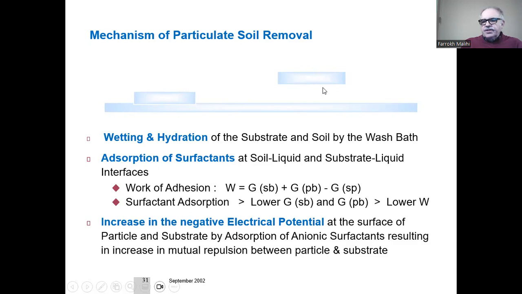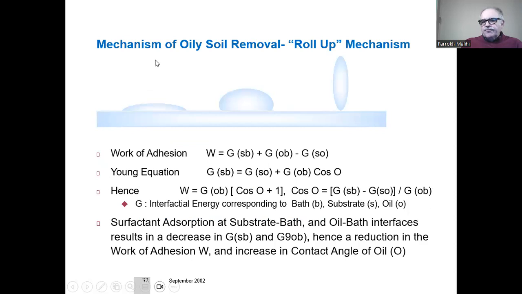And finally, surfactants absorb at the surface of these soil particles and impart a negative charge that does not let them attach to each other again or attach to the substrate. And finally, the surfactants form a layer on the surface of the substrate, which is eventually rinsed away. For oily soil, the mechanism is roll-up.